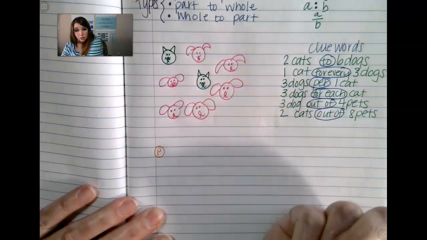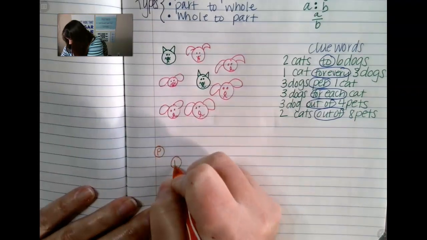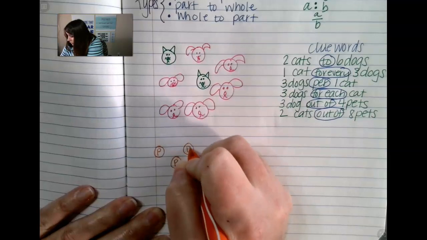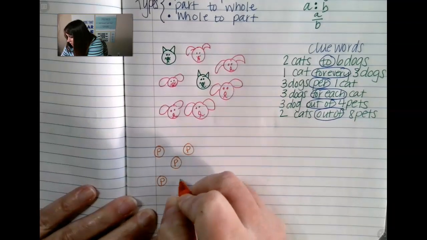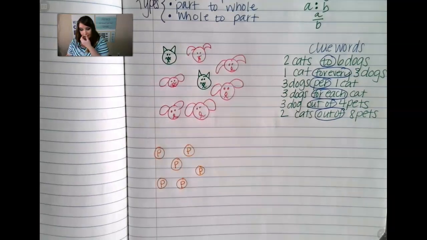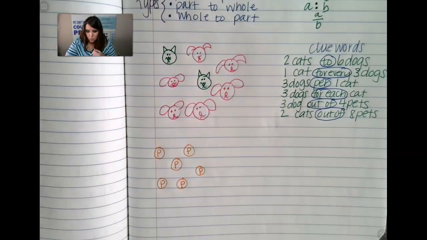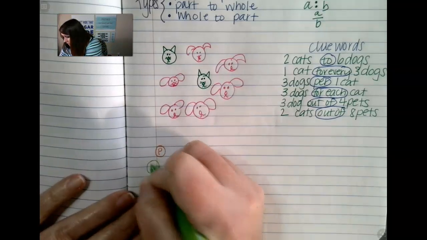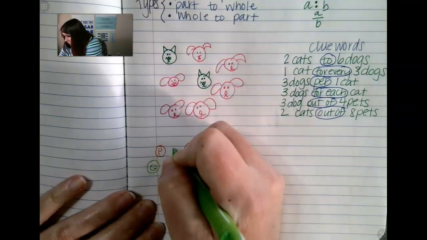I'm just going to draw a circle with a P in it. 2, 3, 4, 5, 6. And then we need 7 quarters. So we're going to draw 7 quarters, a circle with a Q in it.